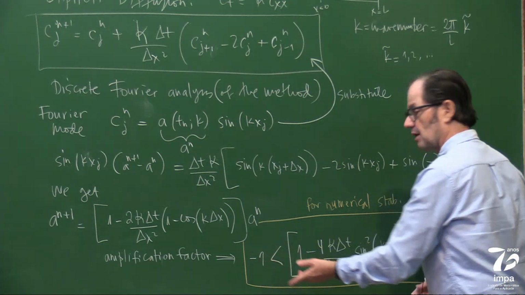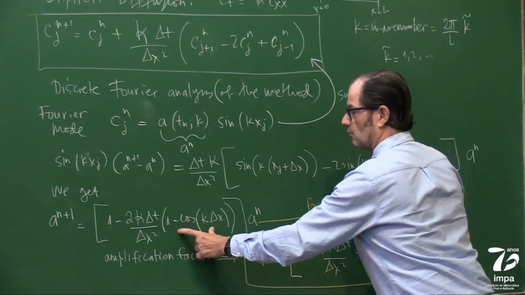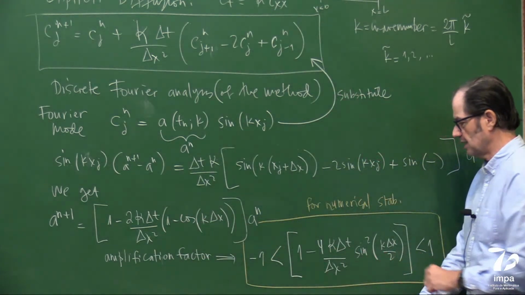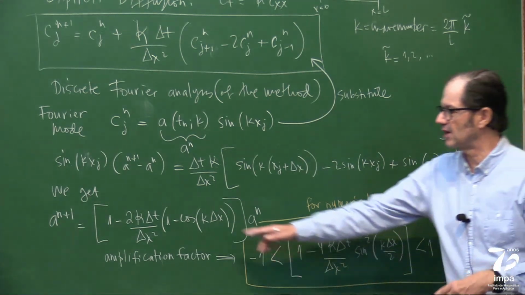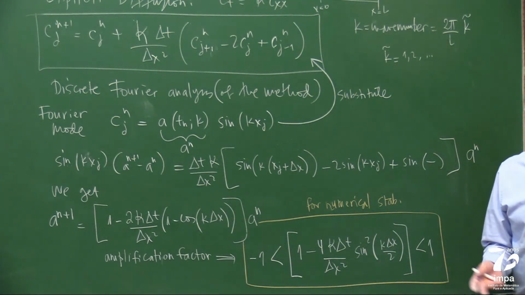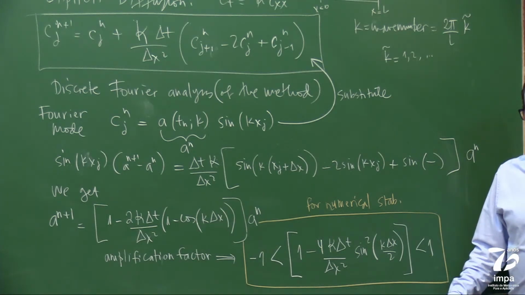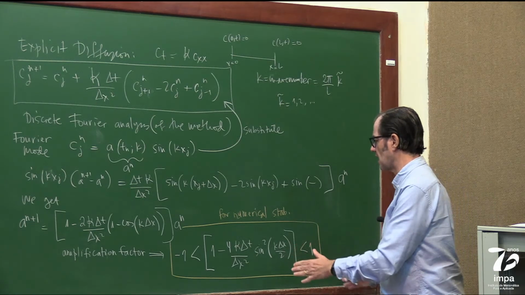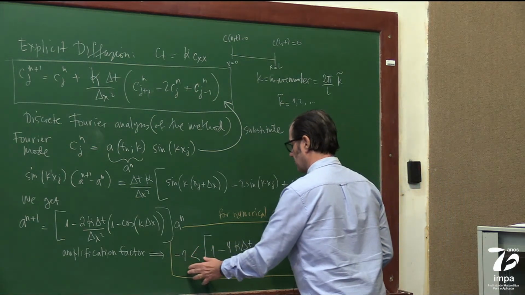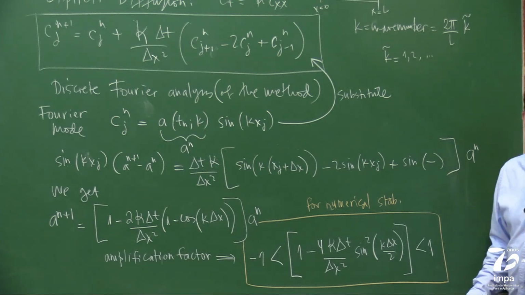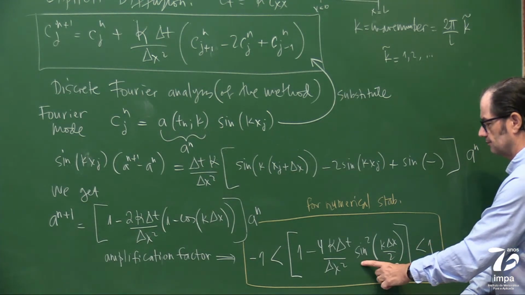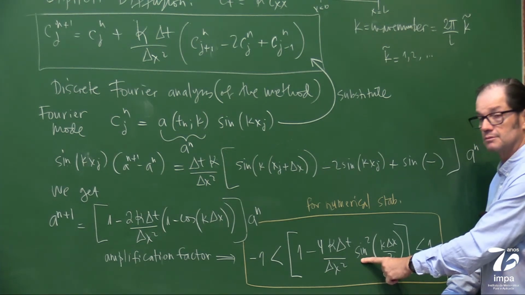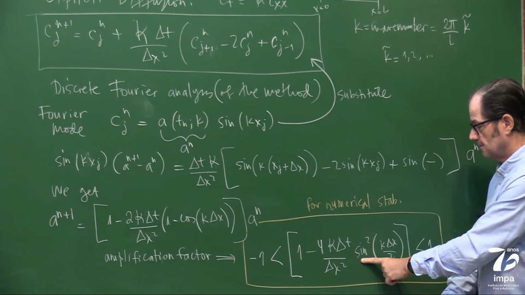Here it is. And the only thing that was done is we rewrote this, just to make life simple, as this, and we got a factor because of the half, it becomes this. It's just trigonometry, okay? So then we need that this guy be greater than minus 1, smaller than 1. This guy here is real, so this is always going to be smaller or equal to 1, right?